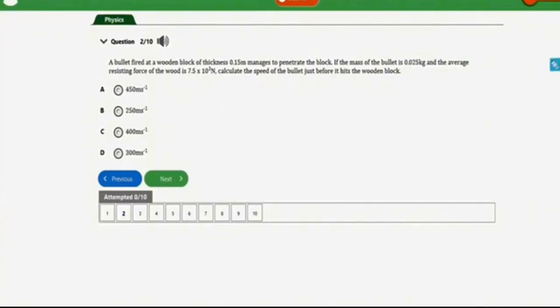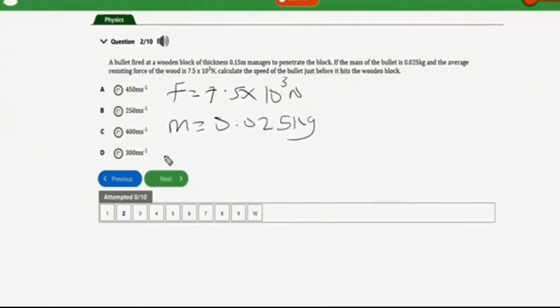So let's get our parameters in this question. We have the force to be 7.5 times 10 to the power 3 Newton, the mass to be 0.025 kg, and the distance to be 0.15 meter.